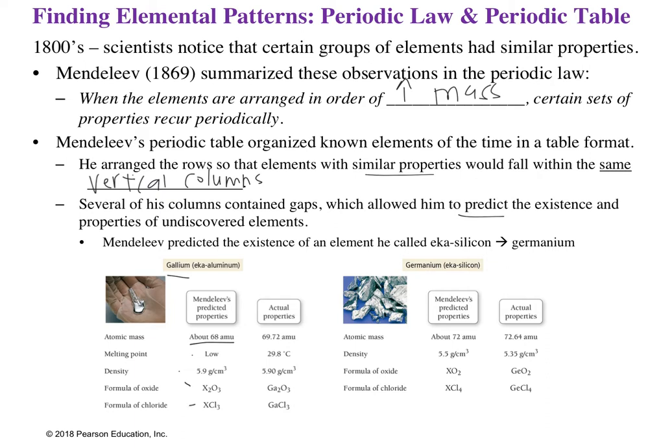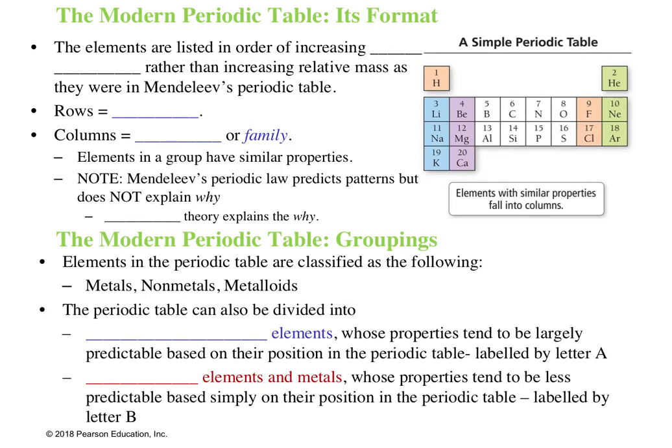And they predicted it really close. The same thing with germanium. It should fall under silicon, and they were able to predict really accurately the trends or the properties of this element.